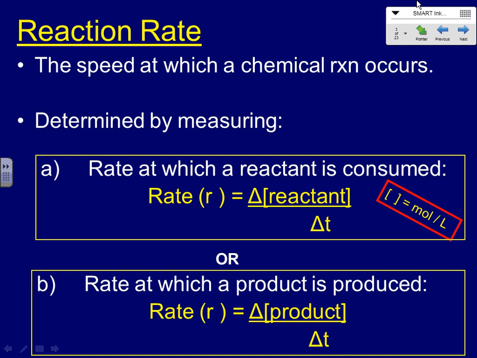You might think that these should be opposite. As a reactant disappears, a product forms. And that's a true statement. If this were in a physics class, we would get really picky about the signs, right? The negative rate of reactant would be equal to the positive rate of product. Chemists aren't worried about disappearing or appearing, all right? So we don't talk about signs.